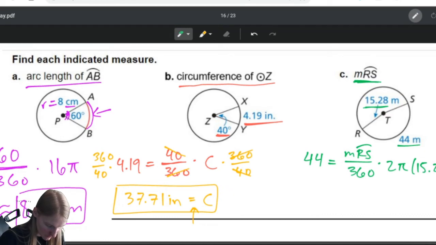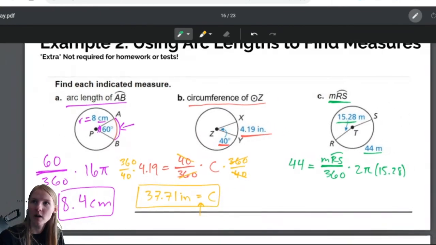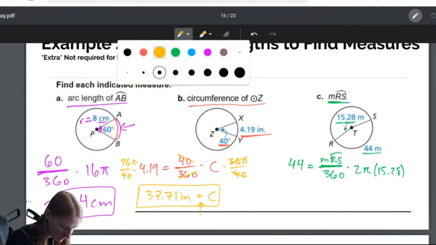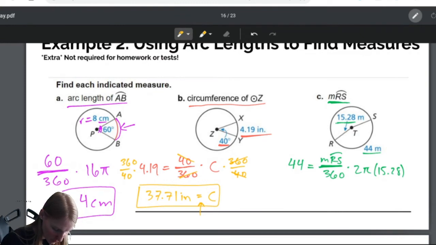If we want to get the measure of arc RS all by itself, you can't even see the 15.28 over there. Whoopsie. There we go. All we have to do is multiply by 360, because we're dividing by 360, so that gets that out of the way.